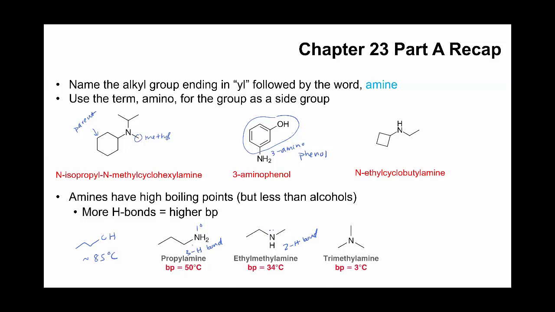So it's less than an alcohol, but greater than a secondary amine. If you had 2 amines, this has many more spots for hydrogen bonding, so the boiling point for a diamine is going to be higher than just 1 alcohol. Questions there?